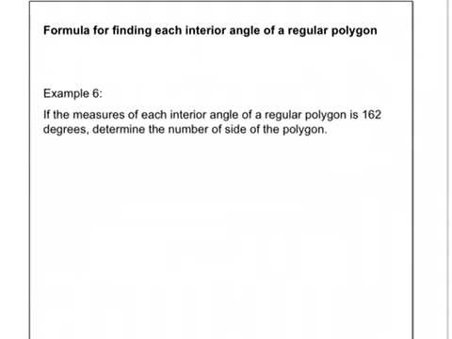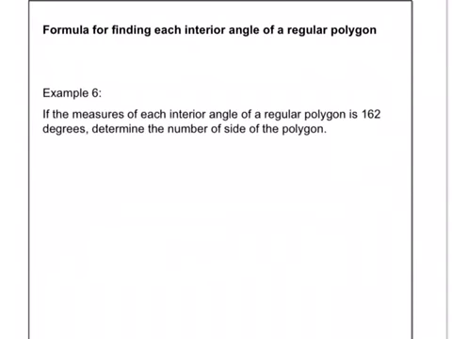Okay, here we're going to explain the formula for finding each interior angle of a regular polygon. So if you're trying to find the angle measure, then you would have to find out all the degrees in the polygon. So I'd say n minus 2 times 180, and that'll give me the total number of degrees. If I divide that by the number of sides, which is the same number of angles, that's going to give me the angle measure.